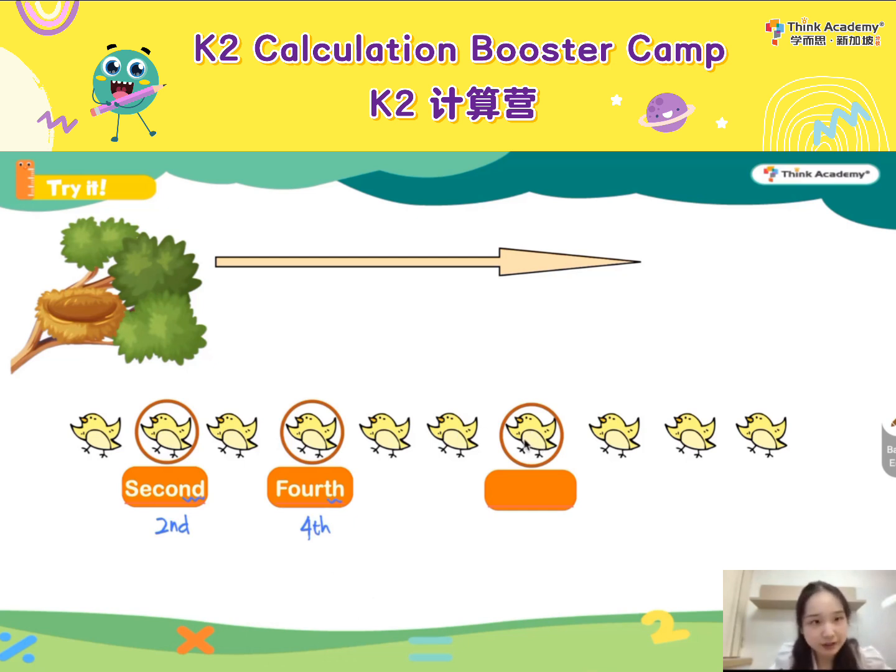So 7, ordinal number? 7th. Right. Short form? Writing the number first. What is the little tail? TH.